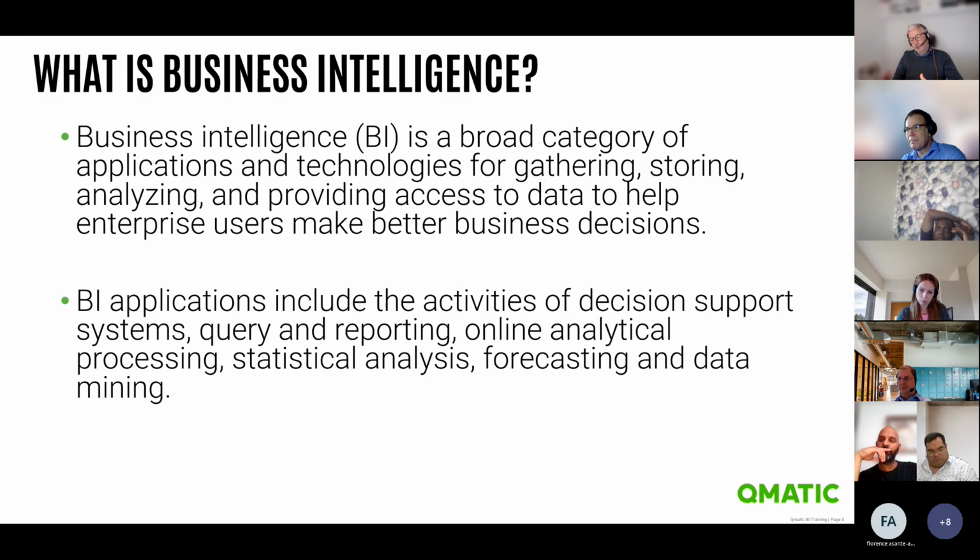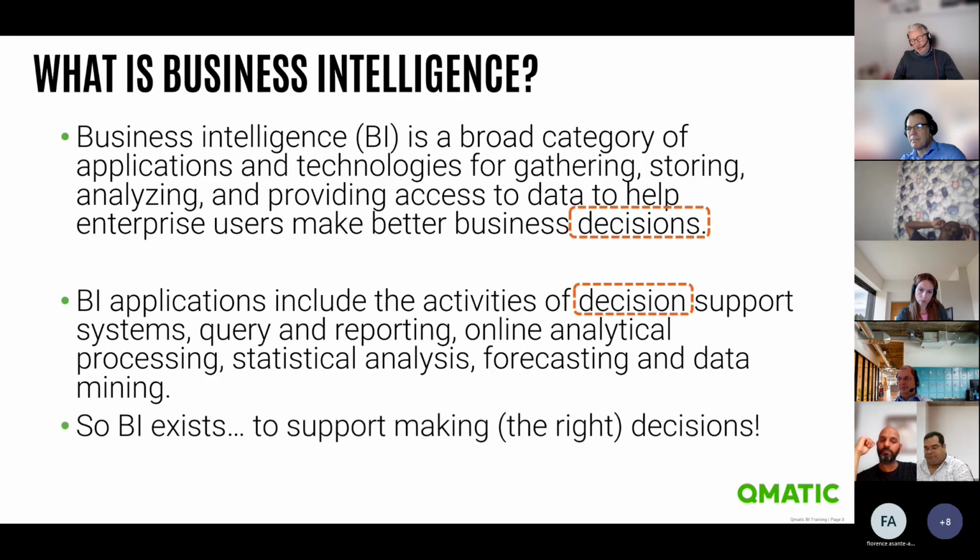All these kinds of definitions fall in BI. But the magic word in here, which always comes back, is decision or decisions. And that's what business intelligence is really around. It really is made for input to people or organizations to make the right business decisions. That's what business intelligence is about.